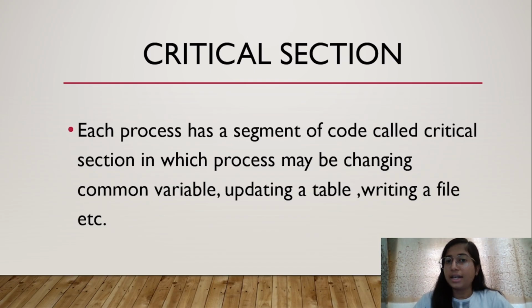It means at a time only one process performs its task, and when it is using the CPU, no other process is allowed to use the CPU or execute in its critical section.